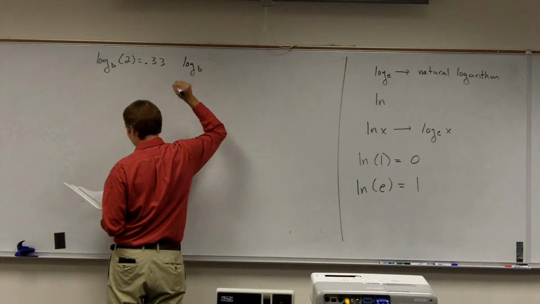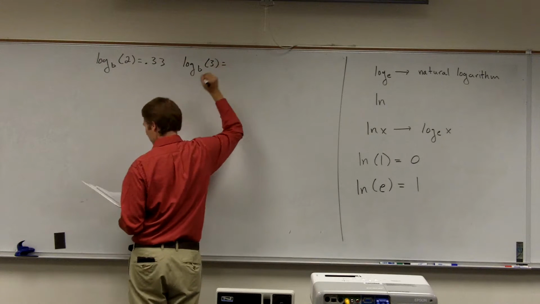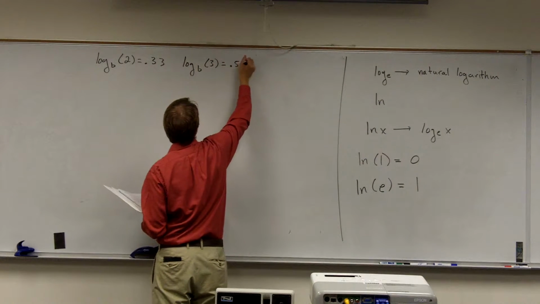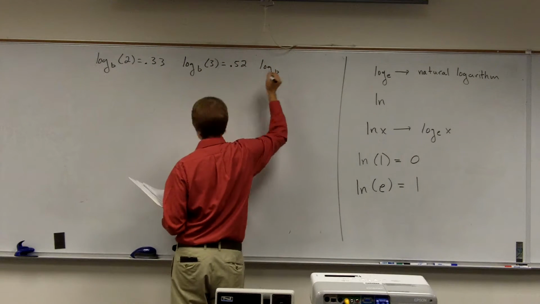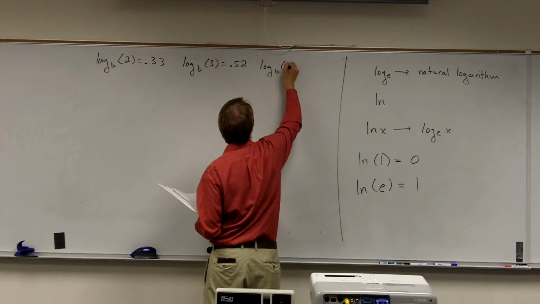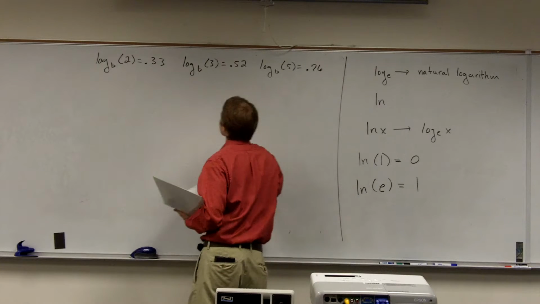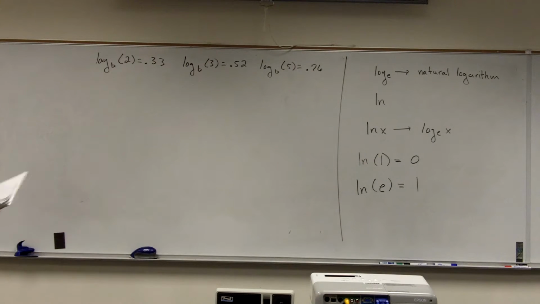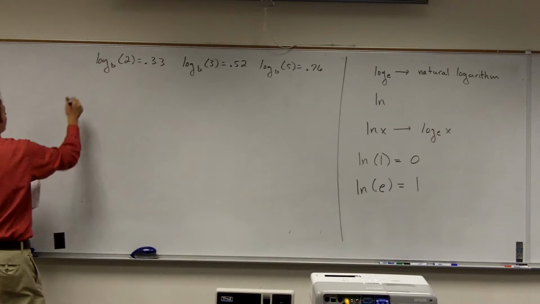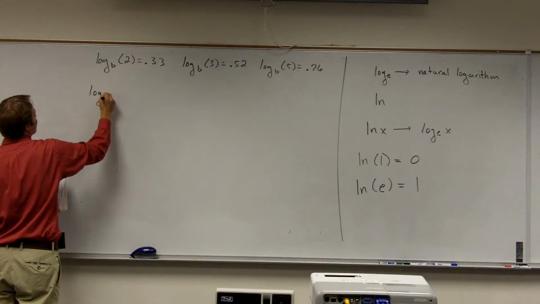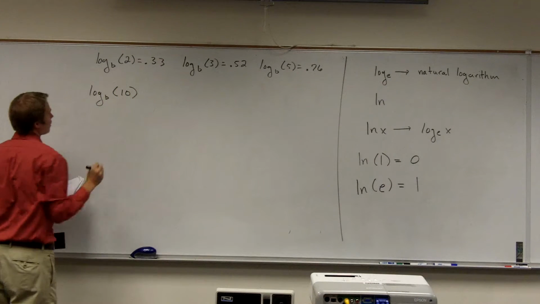Log base b of 3 is equal to 0.52. And log base b of 5 is equal to 0.76. And I want to figure out some other logarithms based on this. For example, given this information, I'd like to know what log base b of 10 is.